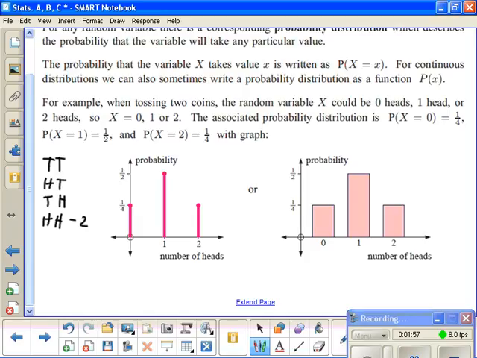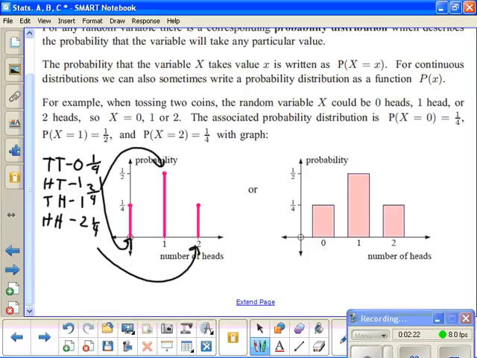So this is 0 heads, this is 1 head, this is 1 head, this is 2 heads. There's 1/4 of those, 2/4 here, and 1/4 here. So that's the probability distribution: the probability of getting 0 heads, 1 head, 2 heads.